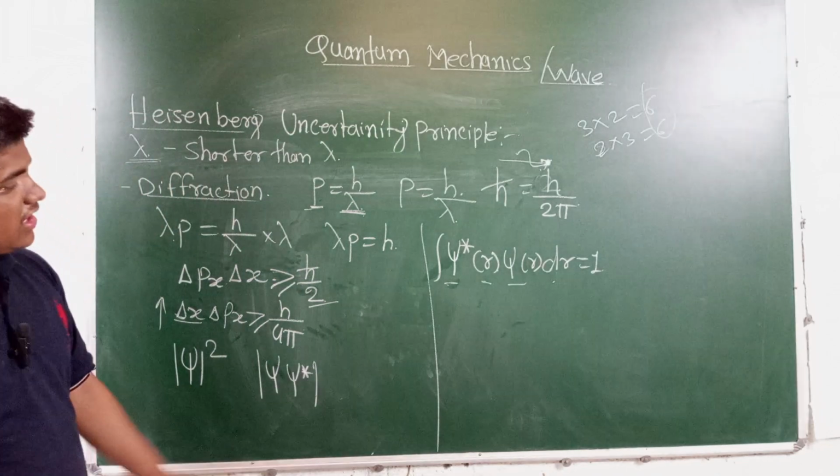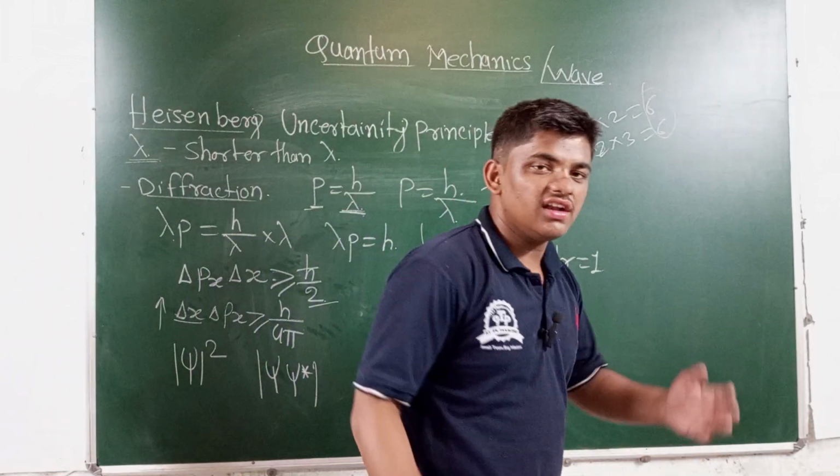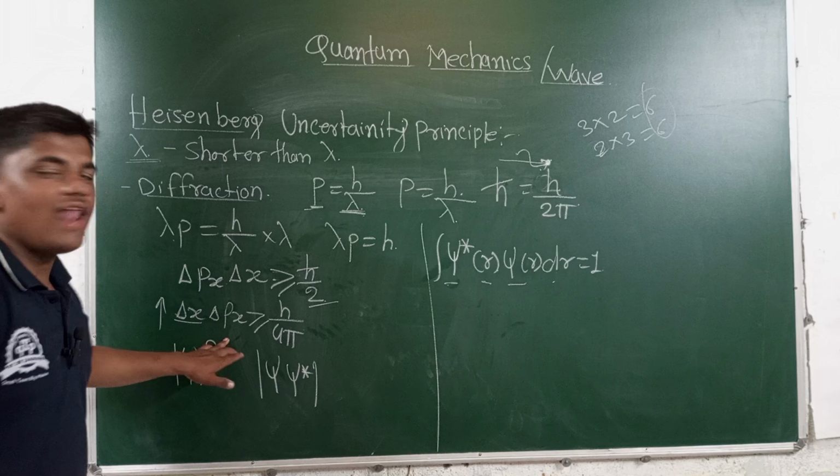The Heisenberg uncertainty relations. Now we have seen this Heisenberg uncertainty relation in position as well as linear momentum.